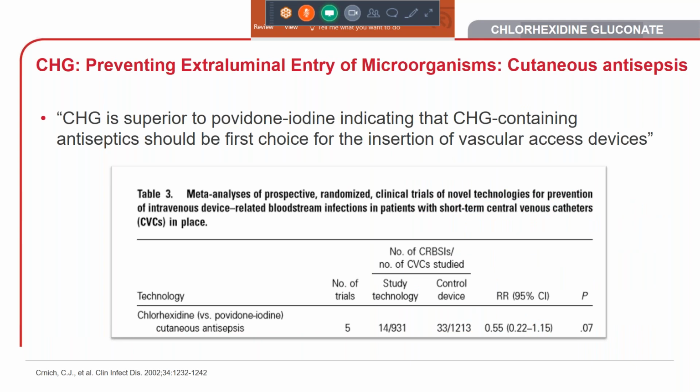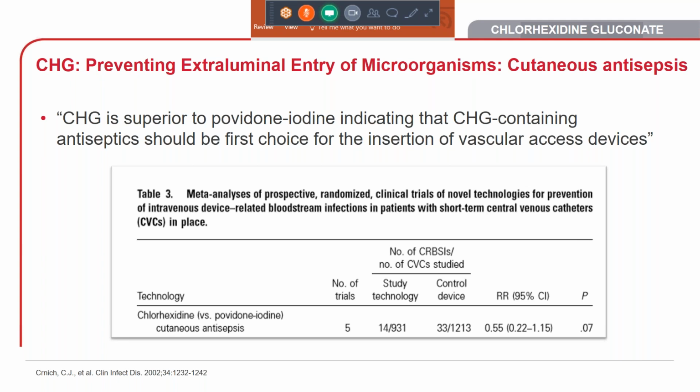So in terms of preventing extraluminal entry of microorganisms or cutaneous antisepsis, it has been shown that chlorhexidine is superior to povidone iodine and should be the first choice for the insertion of vascular access devices. Here you have a meta-analysis that was performed in 2002.